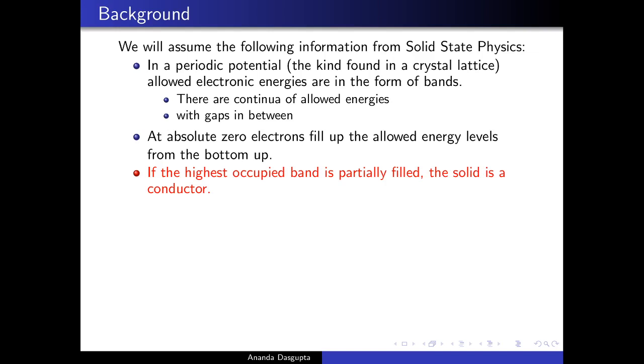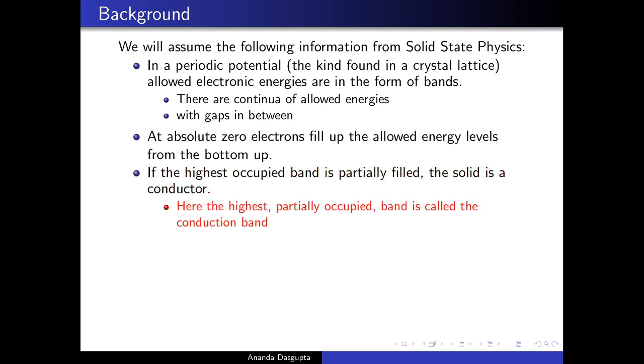So you need empty states available for electrons to be able to change their state and hence respond to external stimuli. So if the highest occupied band is partially filled, at least the electrons near the top of that half filled band have enough empty energy levels available nearby for them to transit into and hence respond to external stimuli.